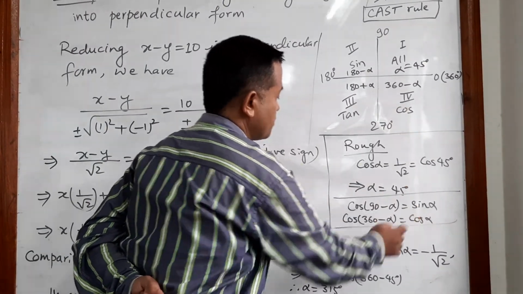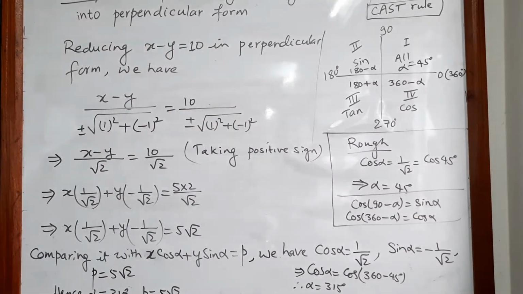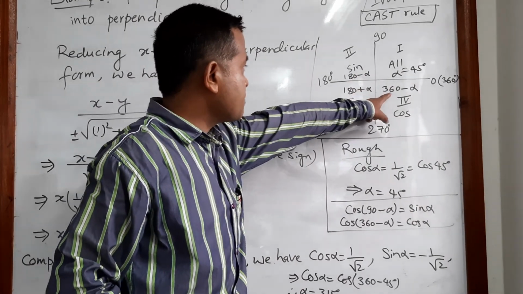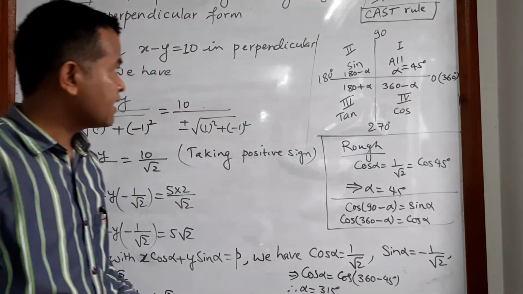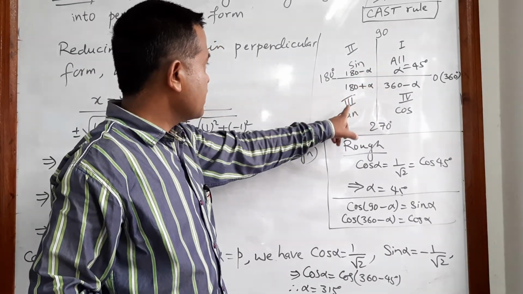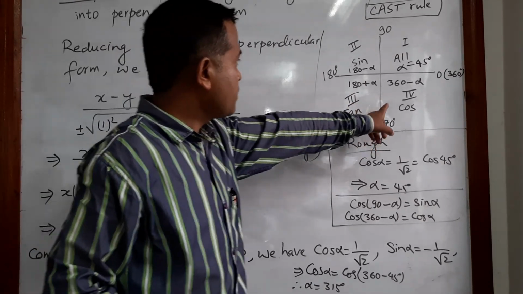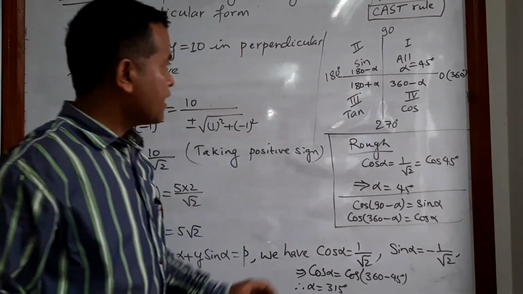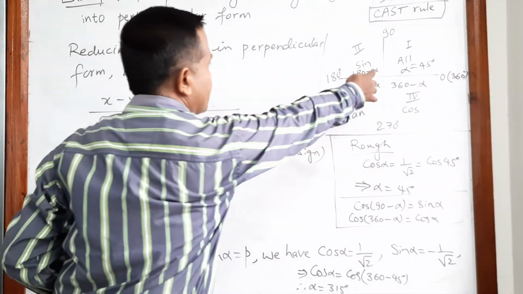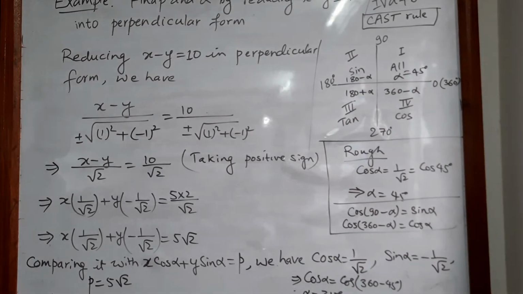In the fourth quadrant cos is positive, so cos alpha is written. So 180 minus alpha, 180 plus alpha, 360 minus alpha are chosen in such a way that if you take sin of 180 minus alpha, then sin is positive. If you take tan of 180 plus alpha, then tan is positive. If you take cos of 360 minus alpha, then cos alpha is positive.